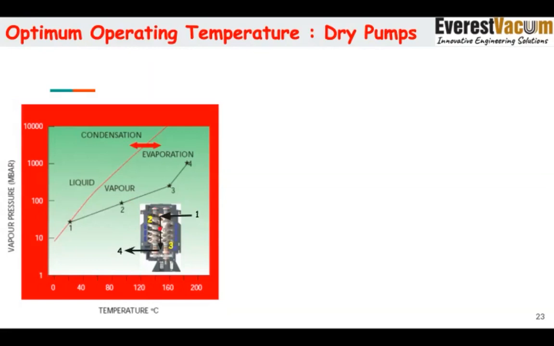That compression, because this is a hybrid variable pitch, is continuous within the pump. It passes through to point number three and you reach this stage. Now at this stage, against the discharge plate, there is a compression plate against which maximum compression takes place, and there is a sudden rise in temperature.